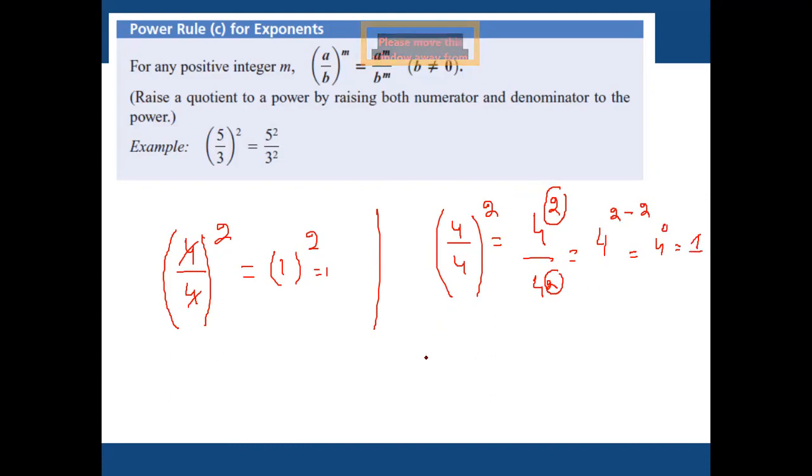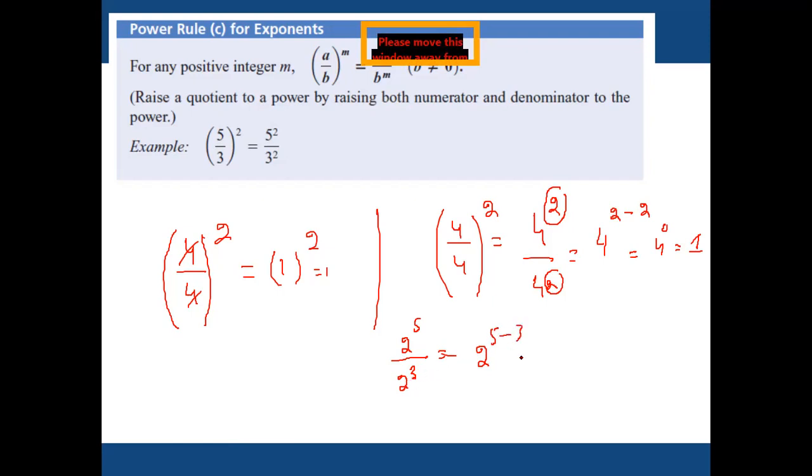If we have different powers, like 2 power 5 divided by 2 power 3, you can see now the bases are the same. So write down one base and subtract their powers. First one we have 5 minus the last one we have 3.